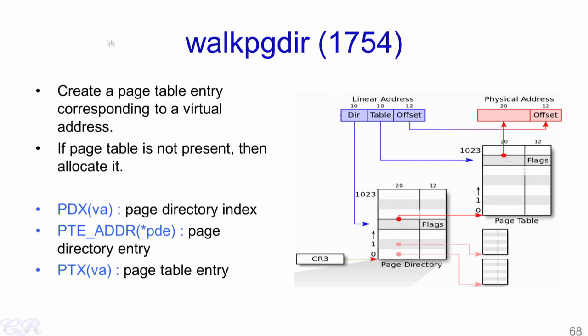This particular function uses several macros such as the PDX macro, which given the virtual address will extract the page directory index, that is it is going to just give you the upper 10 bits of the linear address. Then we have the page table entry address, which will give you the page directory entry, and the PTX macro, which takes the virtual address and gives you the page table index.